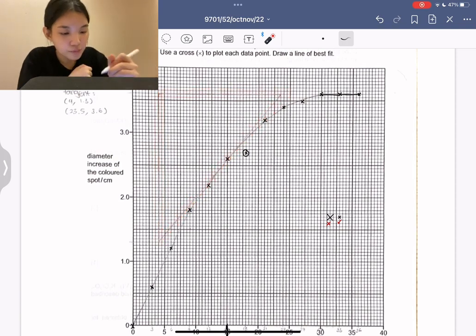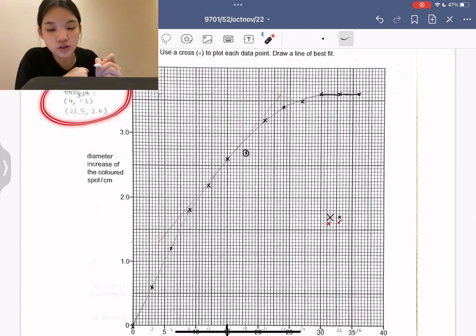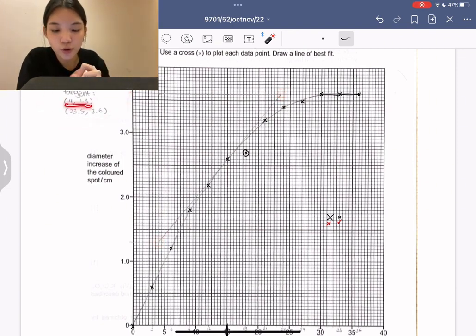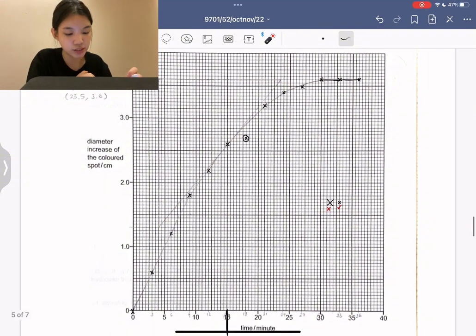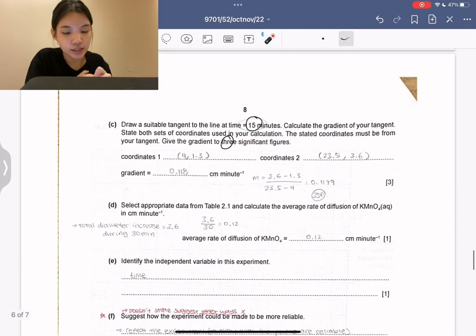Then I'm going to take the corner coordinates, this one and this one. Then I got coordinates of tangent 4, 1.3 and 33.5, 3.6. Then I inserted here and I calculated the gradient.